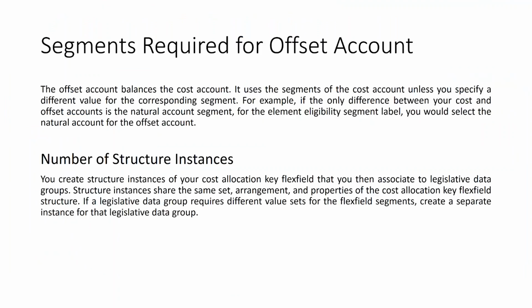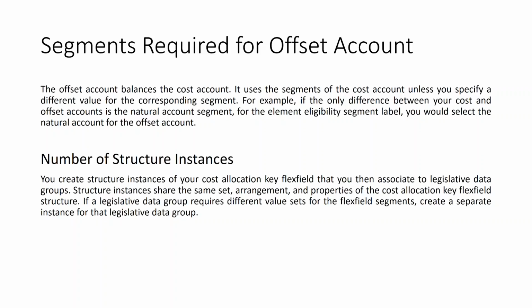Now there is something called number of structure instances. When you create the cost allocation key Flexfield, it will ask you to define the structure instances for that. Structure instances are nothing but connecting the cost allocation key Flexfield to a particular legal entity or a legislative data group.